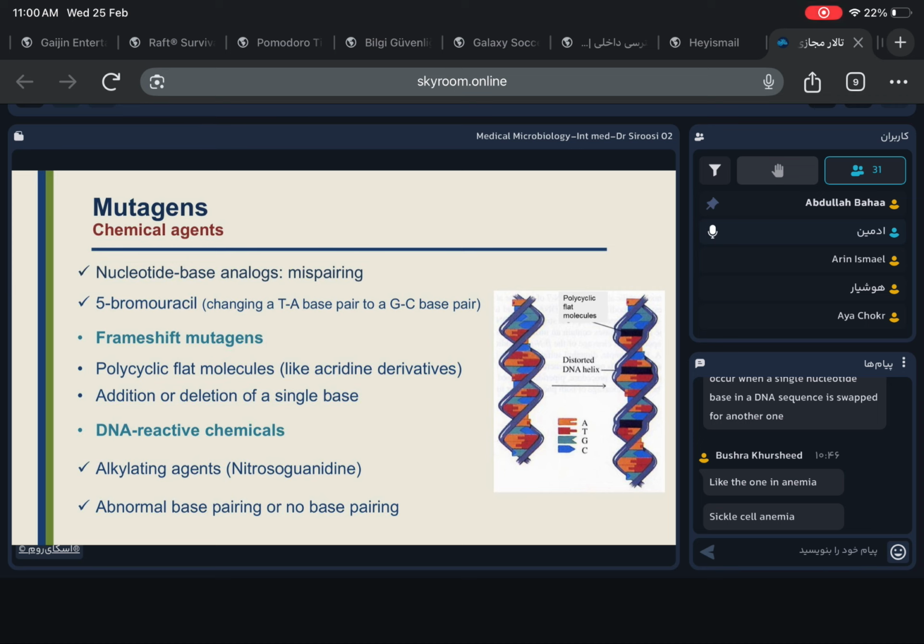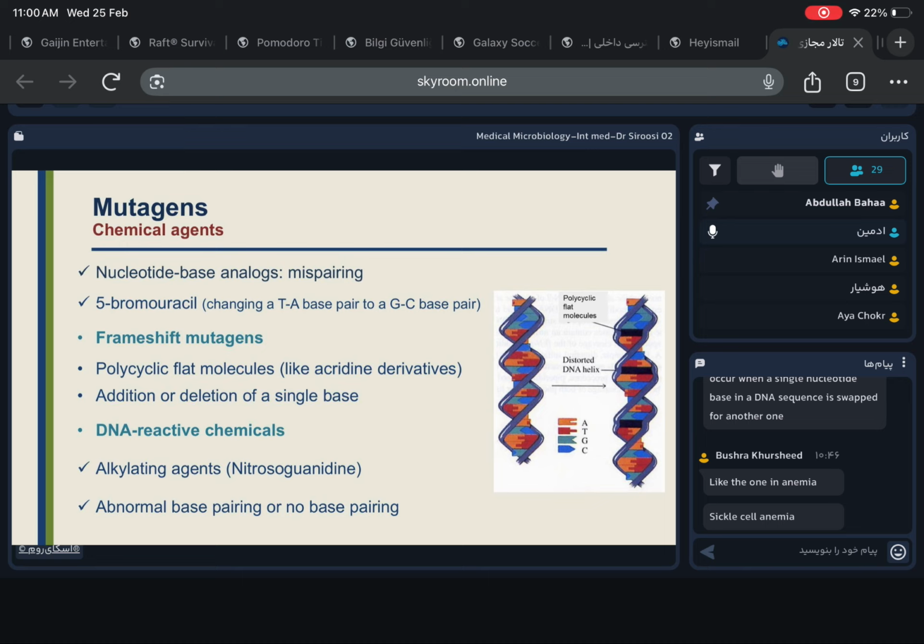And the last group of chemical agents are DNA reactive agents. They actually alter the chemical structure of DNA bases. For example, we have alkylating agents, an example is nitrosoguanidine.